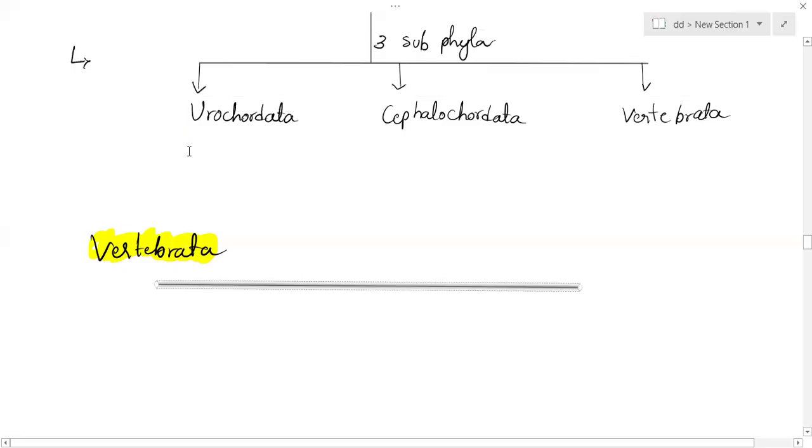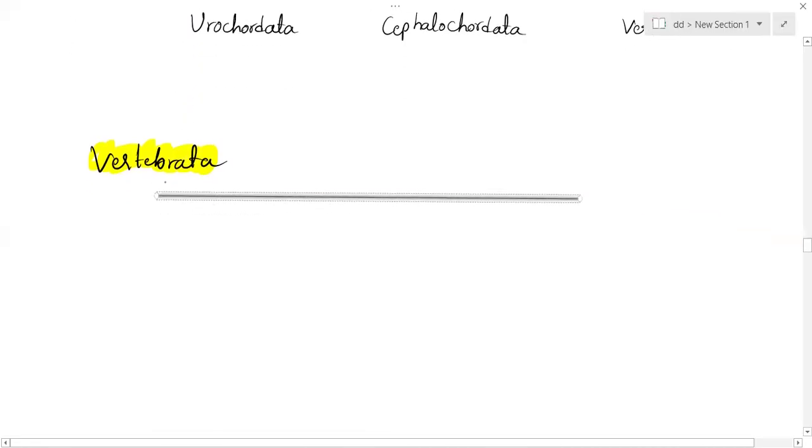It is divided into two divisions. One is Agnatha, and the second one is Gnathostomata.